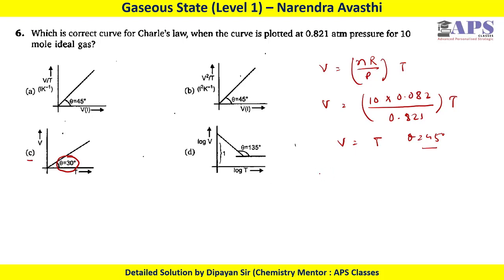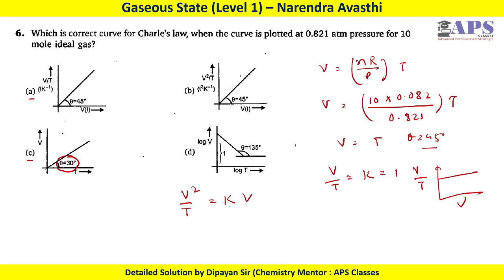Again we can write that V by T equal to constant K. Okay, so V by T versus V plot, again it will be a straight line parallel to x axis. So option A is also incorrect. Again we can write that if we multiply the equation V by T equal to K on both sides by V, then we will get V square by T equal to KV, and this K value is 1.